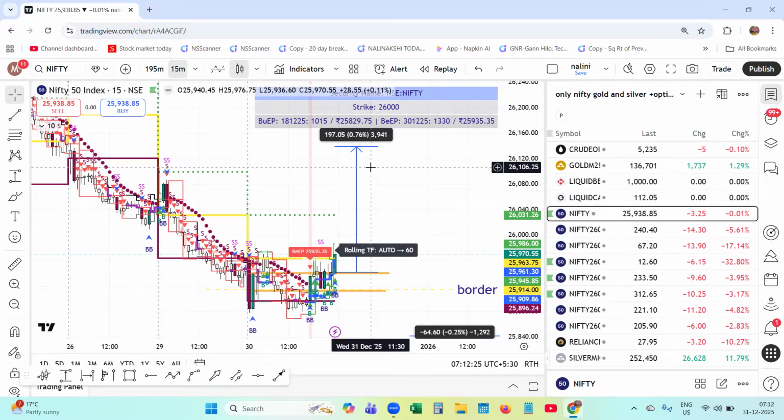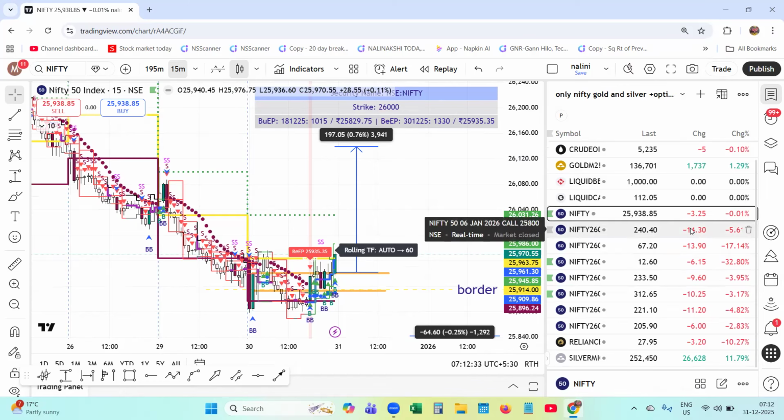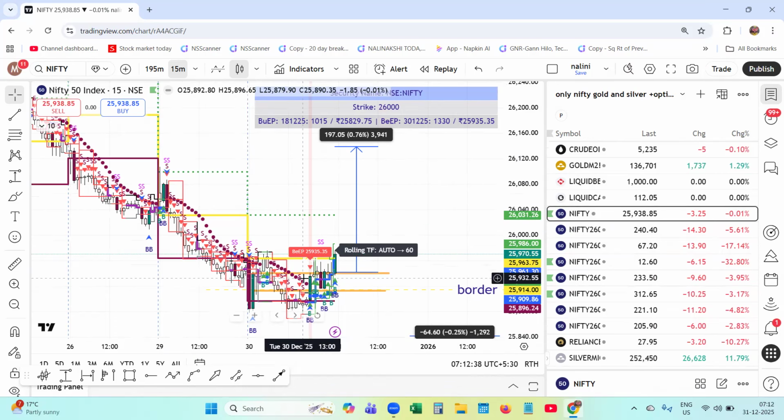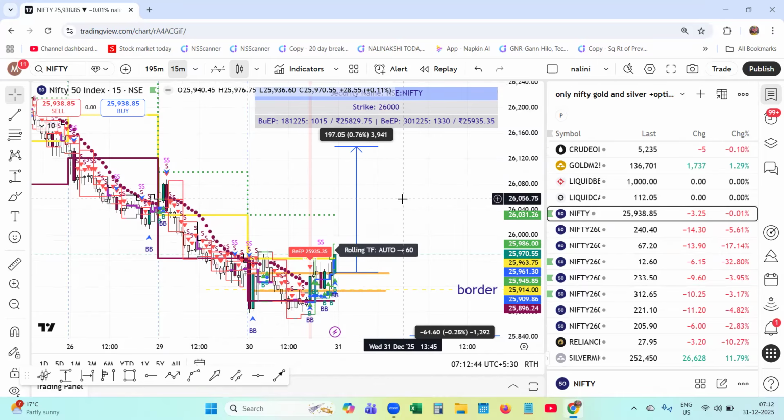How can you trade? Then these put options will be plummeted down. The people who had sold the put option thinking the market will go down, they would have benefited very, very huge.